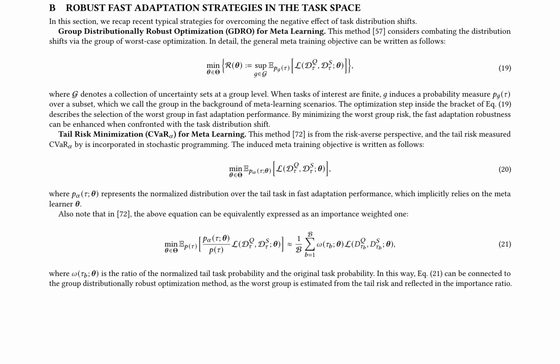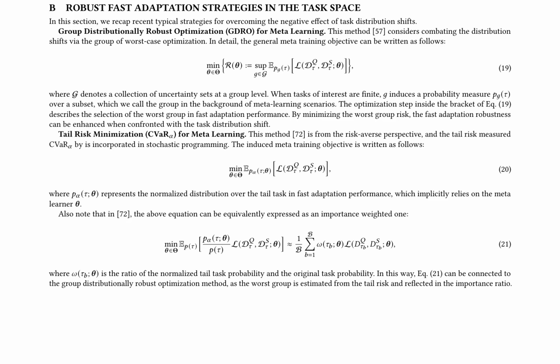Group distributionally robust optimization, GDRO, for meta-learning, and tail risk minimization, CVaR alpha, for meta-learning. GDRO combats distribution shifts via the group of worst-case optimization, where the general meta-training objective is written as equation 19. This method enhances fast adaptation robustness by minimizing the worst group risk.